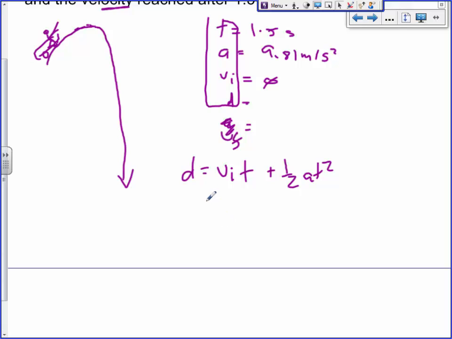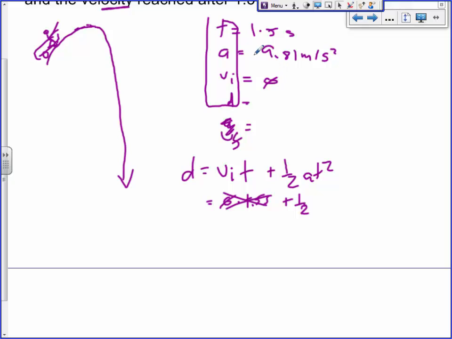Okay, we don't know how far we're falling. We know that we started with no speed, and we have to multiply by time, which although it was 1.5 seconds, honestly, that's gone, right? We don't need any of that. Then we need 1/2 of our acceleration. Let's talk about our negative sign real quick here.